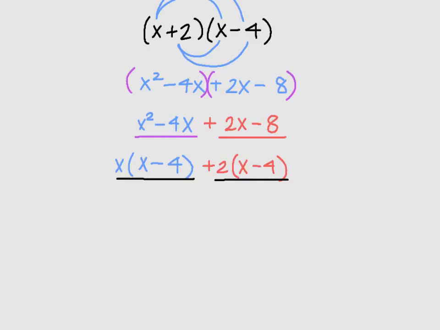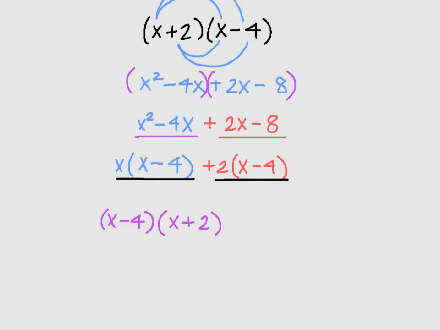So what I'm actually going to do is factor out the x minus 4 from both of the terms. So again, factor out the x minus 4. And if I factor out an x minus 4 from the first term, what I'm left with is x. And if I factor out an x minus 4 from the second term, I'm left with the positive 2.